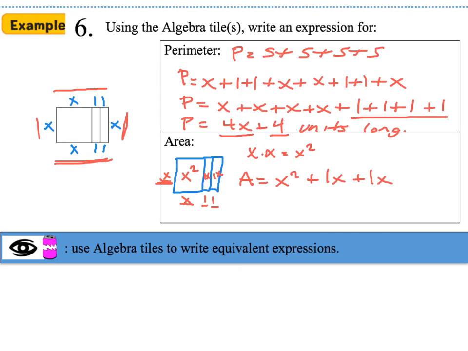Notice we can go ahead and combine like terms. 1x plus 1x are like terms, and they are not like terms with x squared because there's no exponent. So I can write my final answer as A, or the area, is equal to x squared plus 2x units squared.